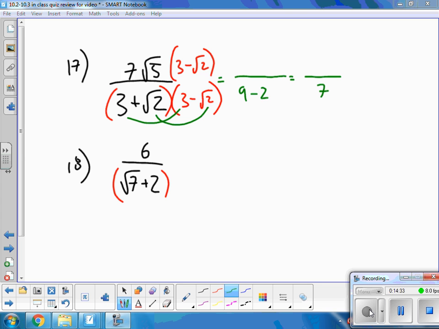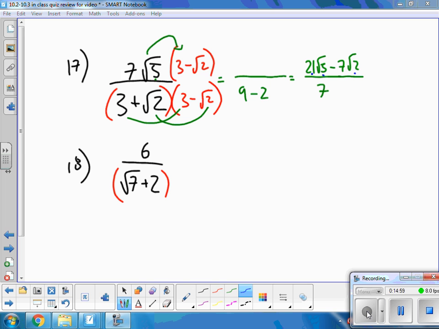And in my numerator, I'm going to go right to my final answer. 7 times the square root of 5 times 3. It's going to give me 21. Yeah, 21 times the square root of 5 minus 7 times the square root of 2. And I'm going to see can anything be canceled or combined. So square root of 5, square root of 2 can't.